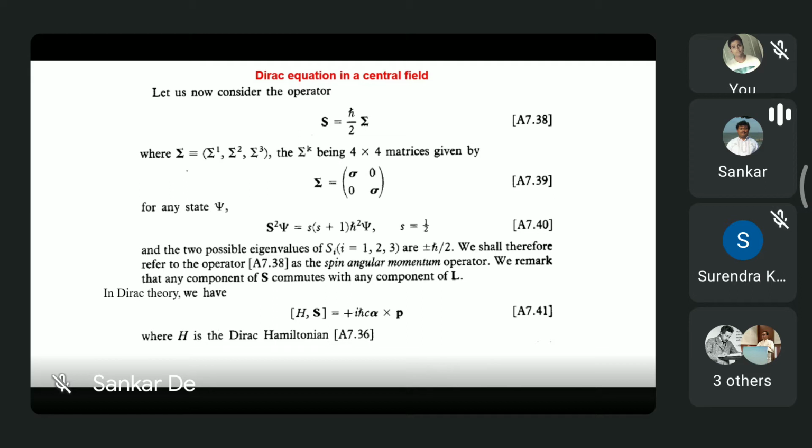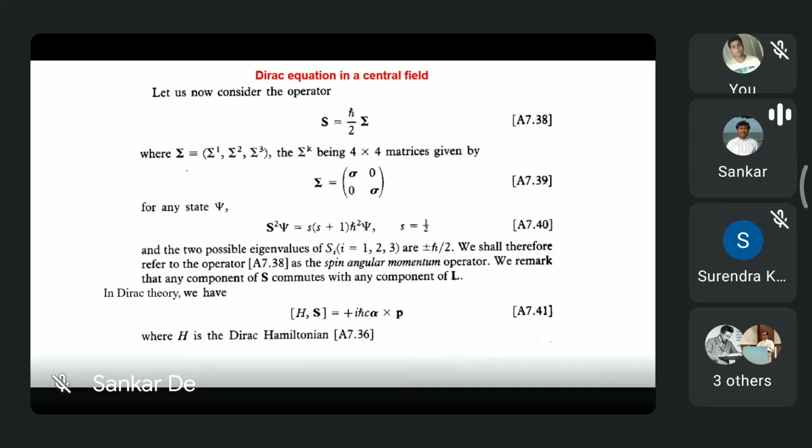And we found out that even in Dirac theory, the capital S, the spin angular momentum operator, also does not commute with the Dirac Hamiltonian. So both orbital angular momentum and spin angular momentum do not commute.